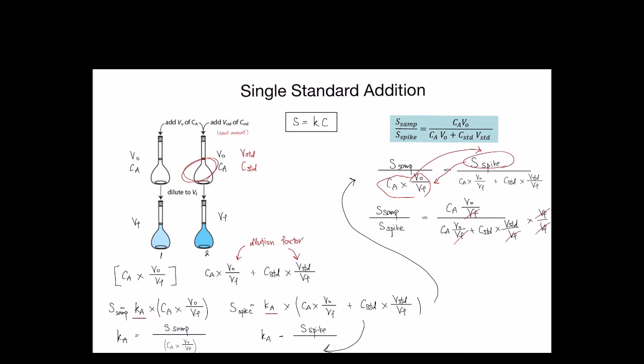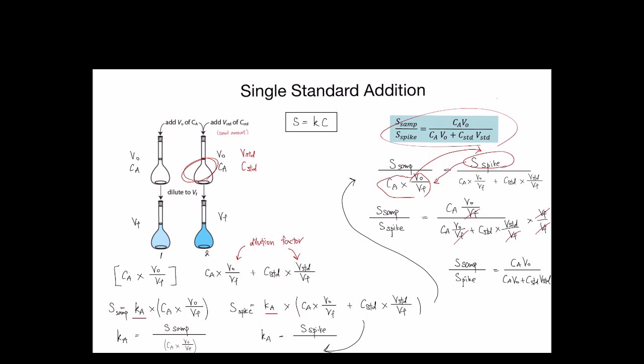Then we have the equation S sample over S spike is equal to Ca V0 divided by Ca V0 plus CSTD VSTD, which is the same as the formula given here.